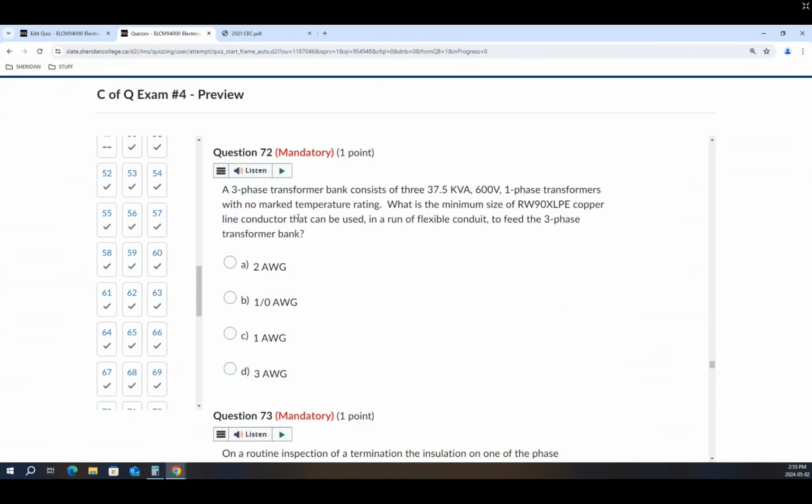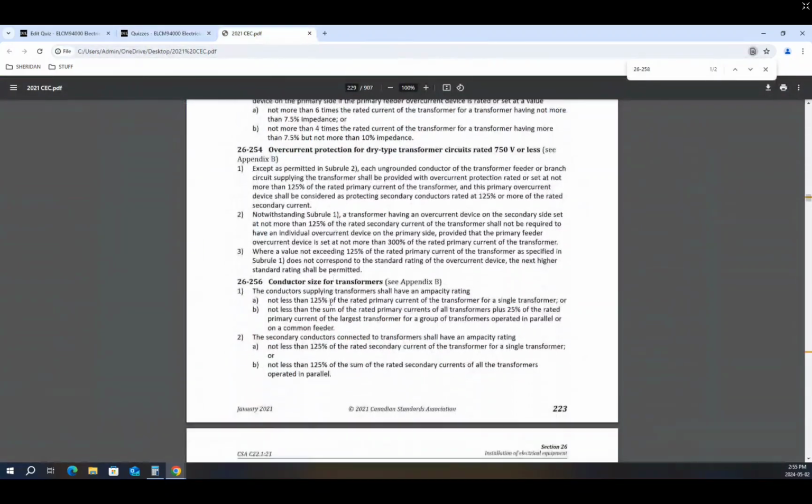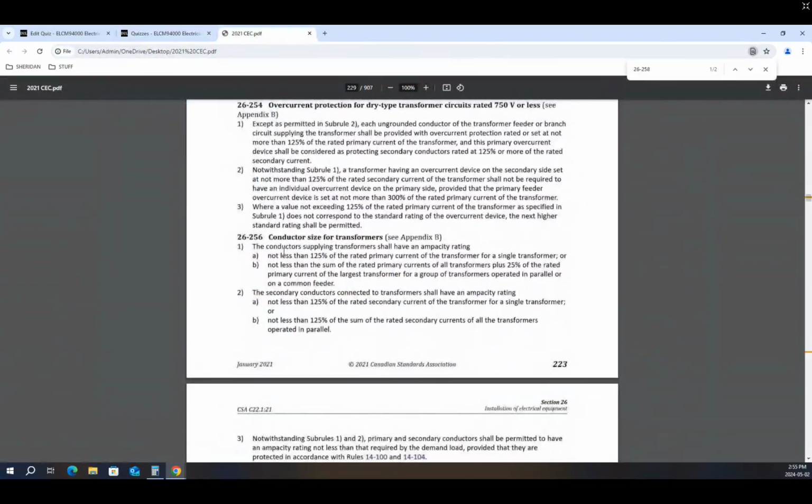I'm doing the line side conductor sizes.